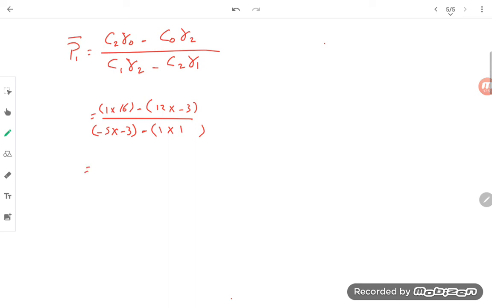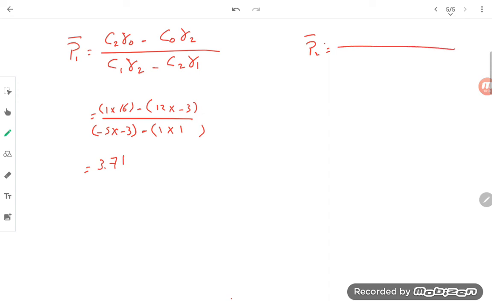So the equilibrium price will be $3.71. So the equilibrium price of P1 will be 3.71. And we are going to do the same with respect to P2.